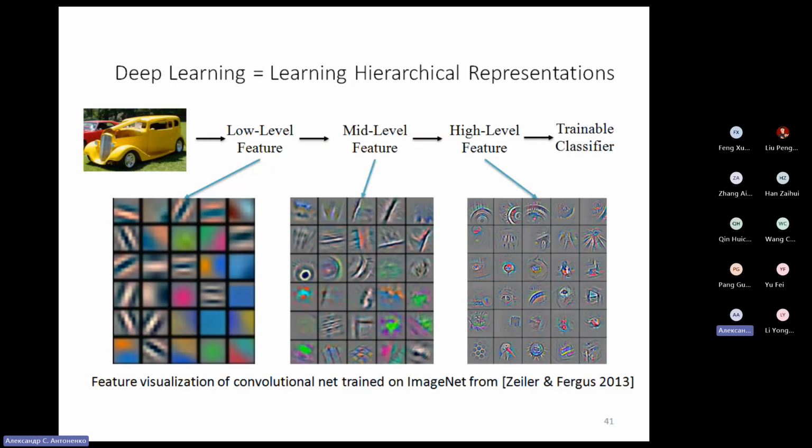So in deep learning, we learn a hierarchical representation. At first, we learn low-level features like simple edges, gradients, changes in light, in intensity of the picture. Then on mid-level, we have more complicated features, and then even more complicated, and so on.